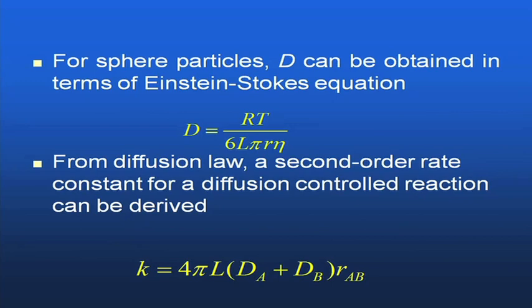When there is no barrier, meaning no activated rate process, then this reaction will be very much dependent on how easily the reacting species come close to each other, and that easiness depends on several factors like temperature.